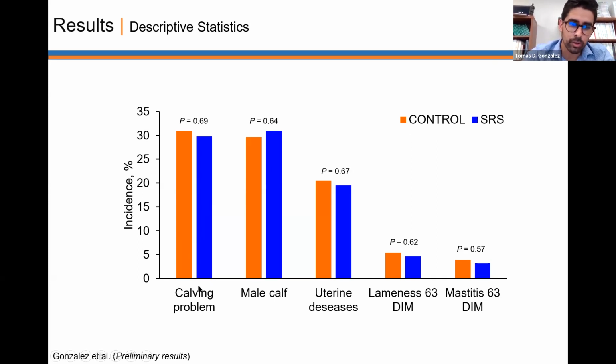For example, for calving problems, we have no difference between the groups. For male calf, the same situation, no difference between the control and the SRS. In uterine disease, no difference. Lameness at 63 days and mastitis at 63 days, the same. This shows us we have a really homogeneous group in the evaluation.